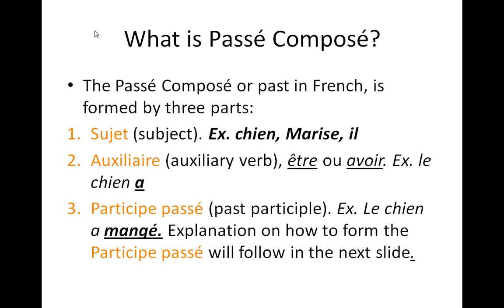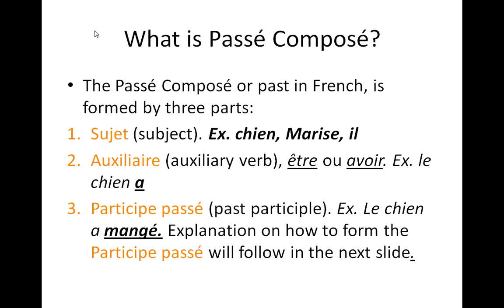If you compare this past to the English one, it's a little different because in English we tend to use a shorter form. We would say, instead of the dog has eaten, the dog ate, right? So that's the main difference.